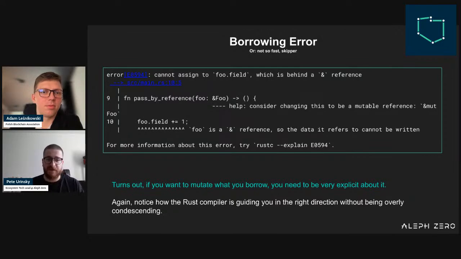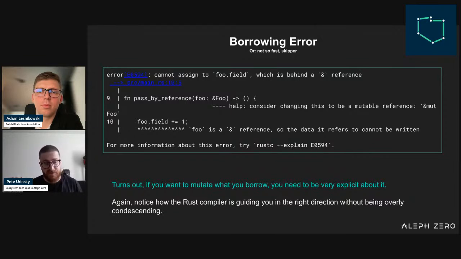We cannot do this because, and again, the compiler is quite helpful. It says, okay, you're trying to mutate the value here, but you didn't tell me it's okay to mutate it. So remember what I was talking about, being extra careful about mutating the state. This is pretty much how the compiler tries to help you here. The compiler says, well, unless you tell me explicitly it's okay to mutate this state, I won't let you mutate it, which actually is cool.